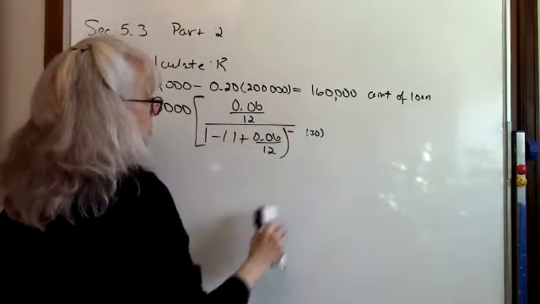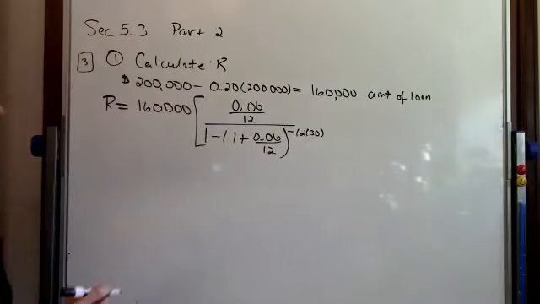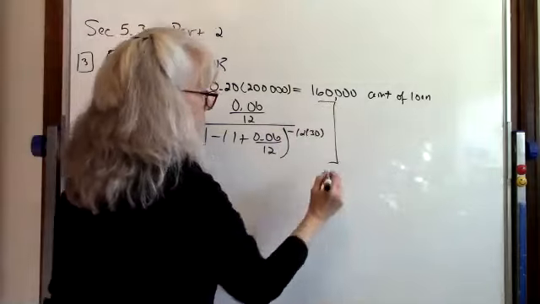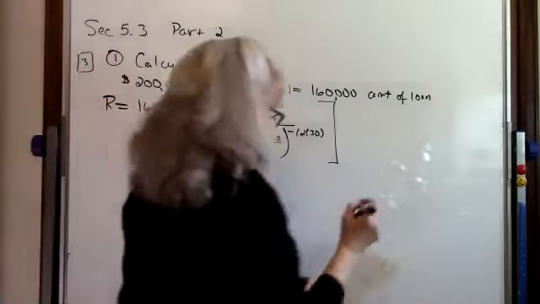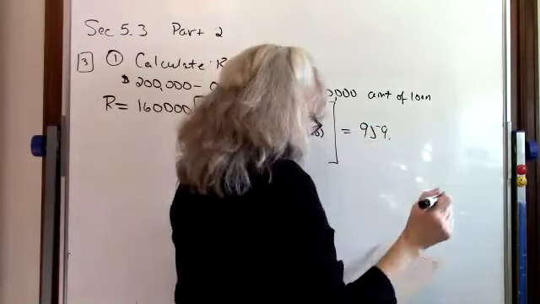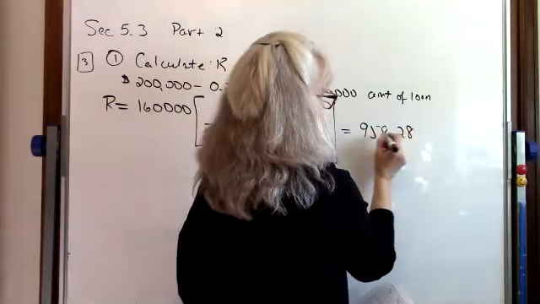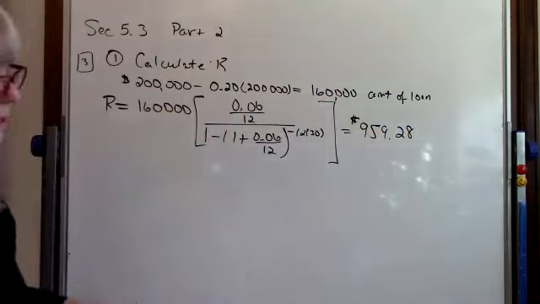Okay, and then number crunch that through the calculator. So I ended up with a payment of $959 and 28 cents. And that's how much they end up owing every single month for 30 years.